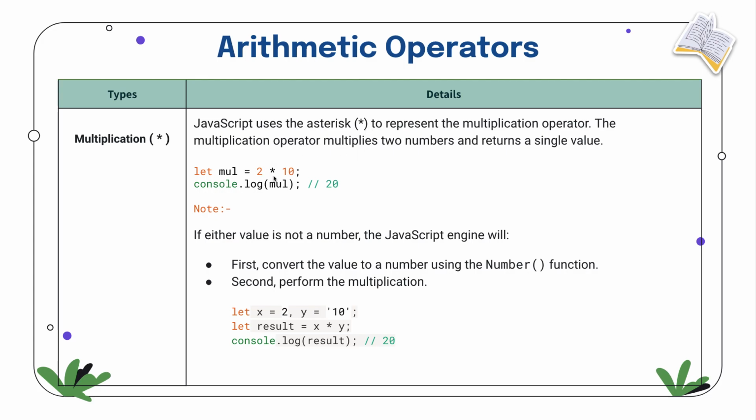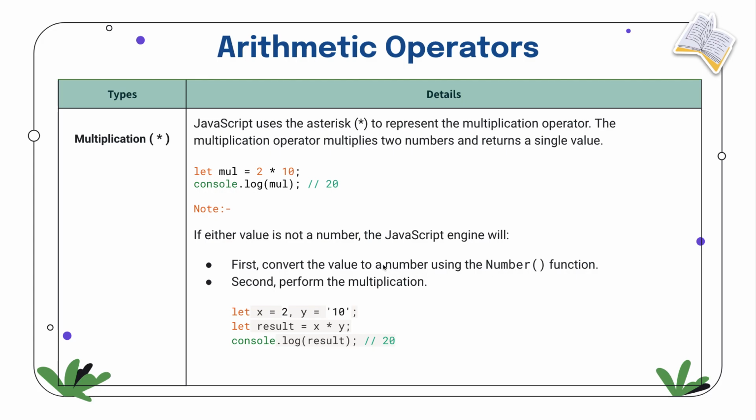It will multiply 2 into 10, and it performs the same mechanism as subtract. If any of the values is a string, it will convert that string value into a number and then perform the multiplication. Here x equals 2, which is a number, and y equals "10", which is a string. It will convert into number, so 2 into 10 will be 20. The result will be proper. Internally, it converts using Number as a function.